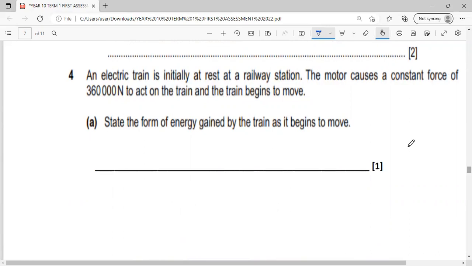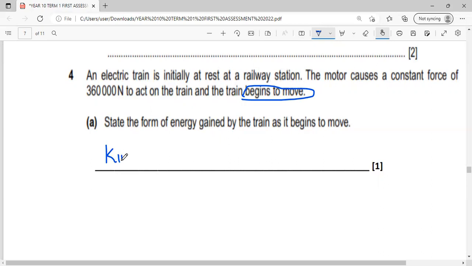You've been told here that the motor causes a constant force of 360,000 Newton to act on the train, and the train begins to move. State the form of energy gained by the train as it begins to move. Energy gained by objects in motion, what form of energy is that?